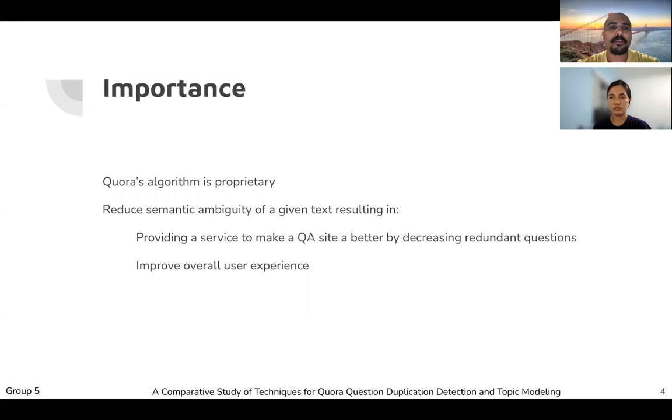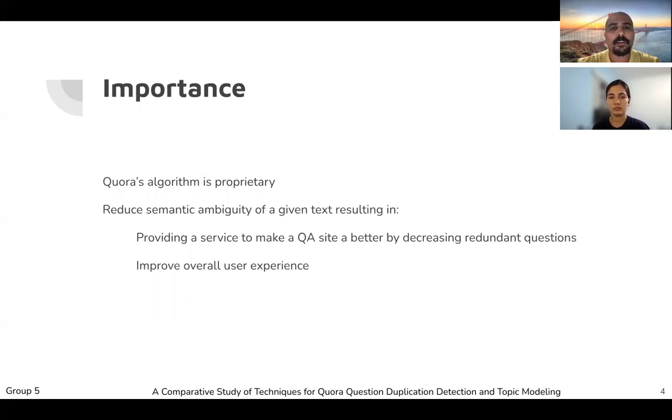Why did we pick this website for this project? Because Quora is a really famous website, so dealing with the datasets and Quora is fun, especially as we go through the semester. We learned a lot of things in NLP, and we wanted to implement some of these techniques in our project.